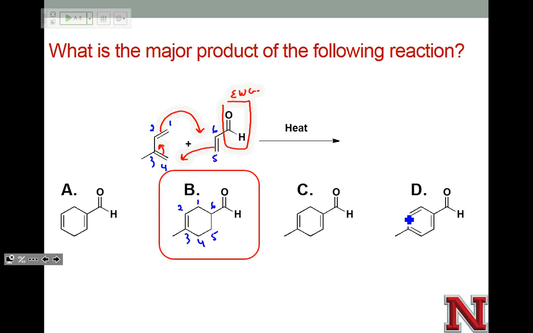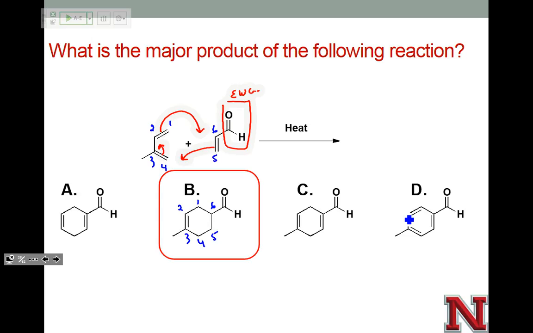D, if we had this, we would have to have hydrogens leave, because notice, there's 2 hydrogens in carbon 4. Here, there would only be 1. Hydrogens are not the leaving group, so that won't occur. And this one, again, carbon 5 has 2 hydrogens. This carbon only has 1 hydrogen.